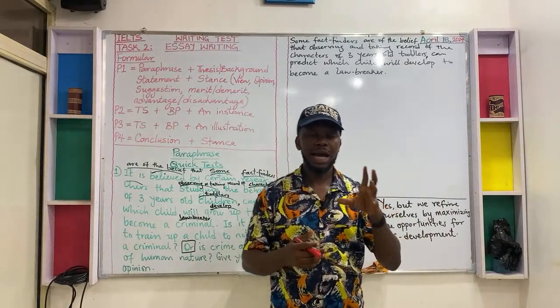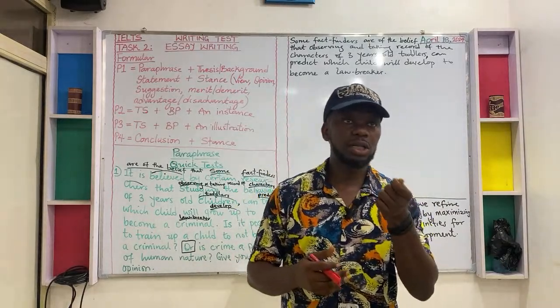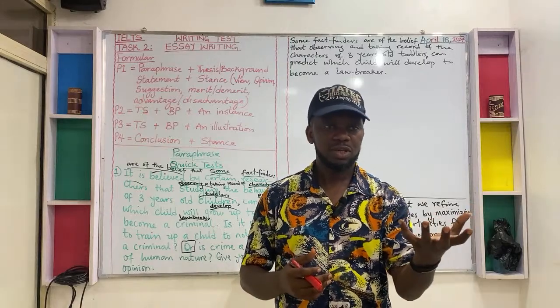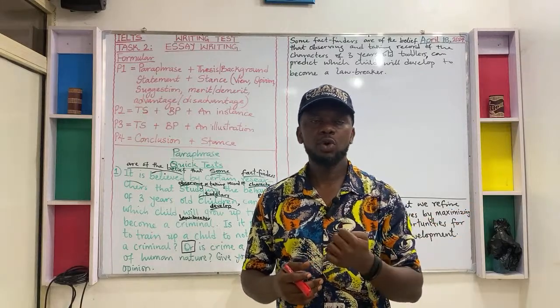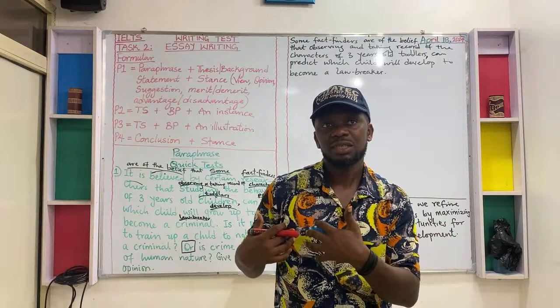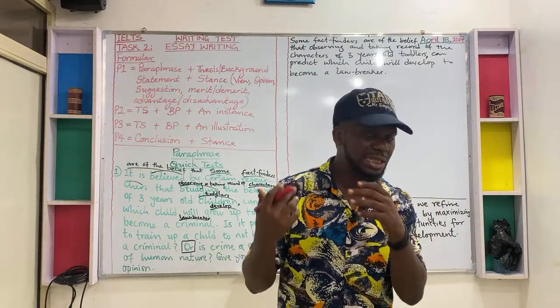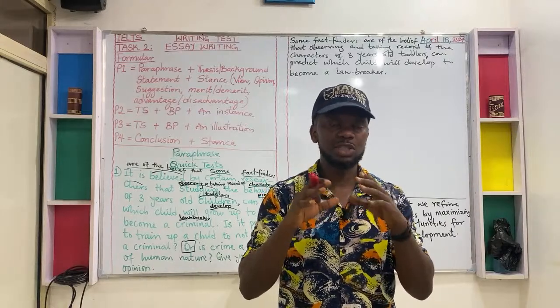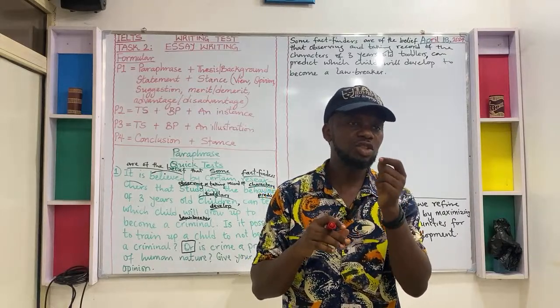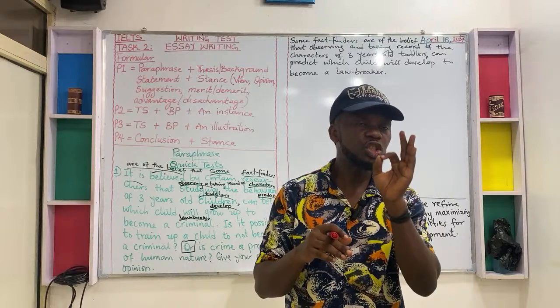Now, people can display some stubborn attitudes while growing up. People can be self-centered. They don't want to share. People can be mean. People can be isolating themselves. They don't want to relate to people. But those attitudes may definitely change as they grow up.